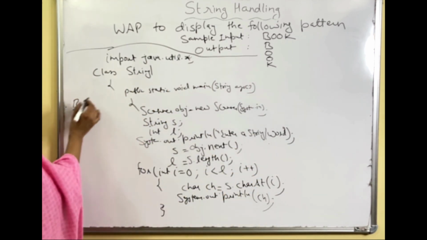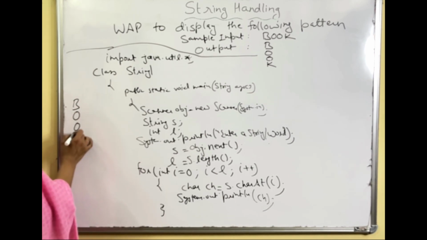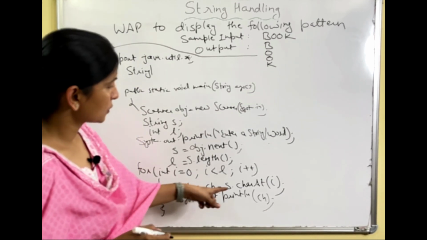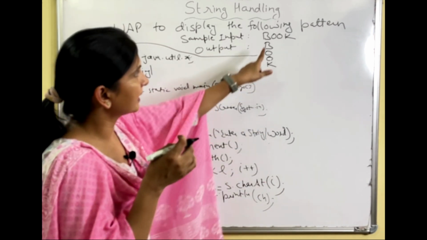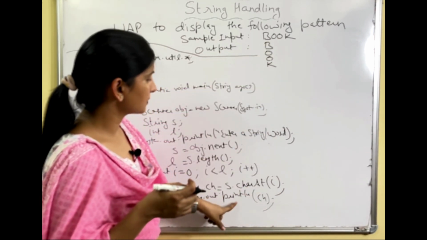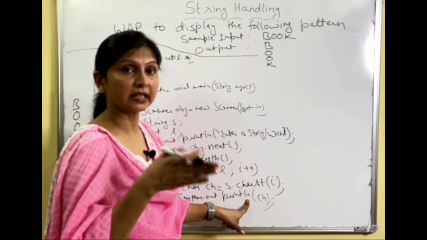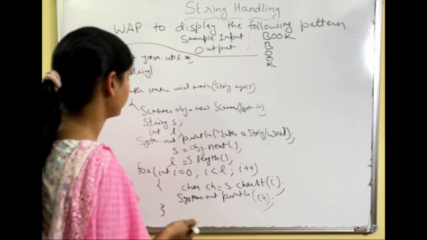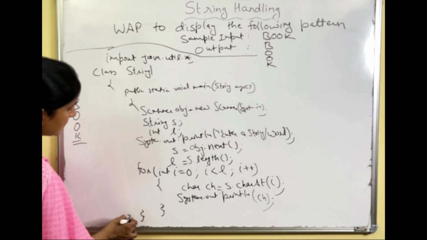First B, then because of println the line will change, then O, then O, and at the last K will be displayed. So by using charAt only, charAt will extract the characters from a string, and println will display them on the next line. Simple. Fine. For close, then main close, and then class close.